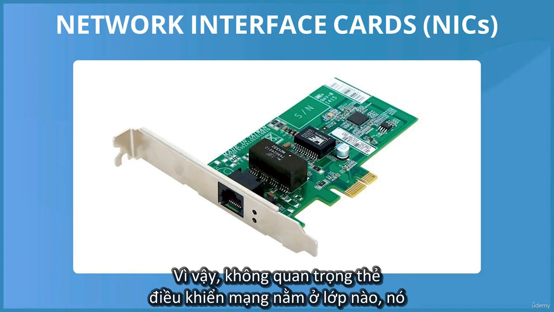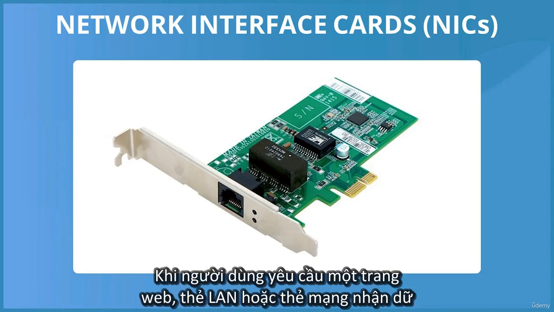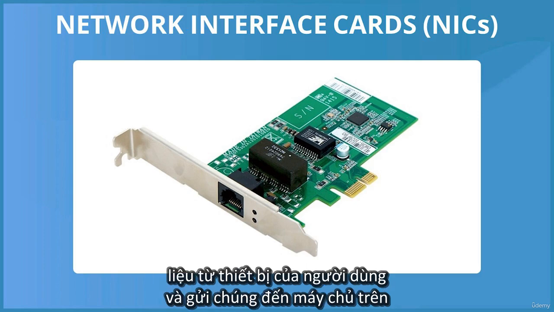So no matter what layer the network interface controller lies at, it acts as a middleman between the computer or server and a data network. When a user requests a web page, the LAN card, or NIC, gets data from the user device and sends it to the server on the internet, then receives the required data back from the internet to display it for the user.